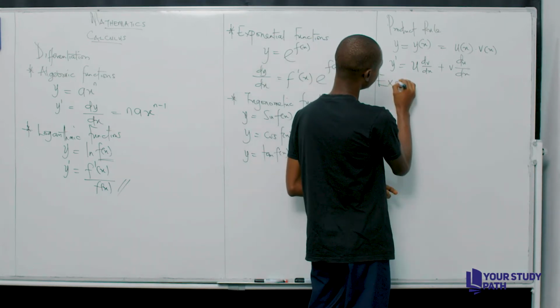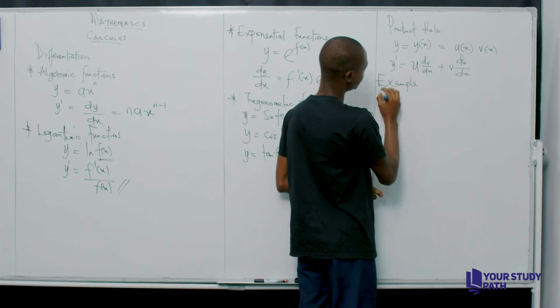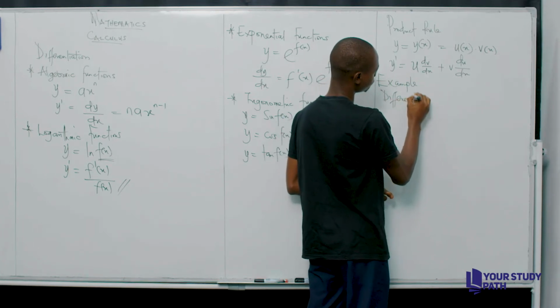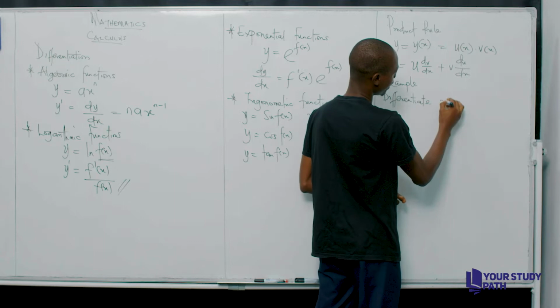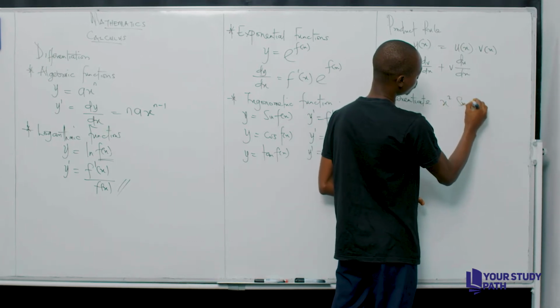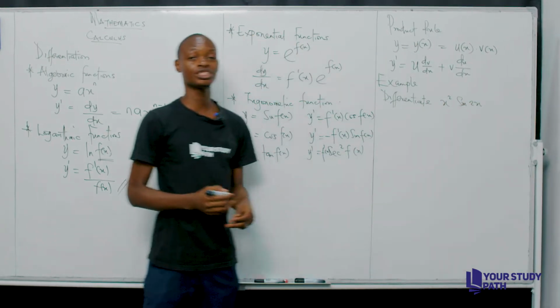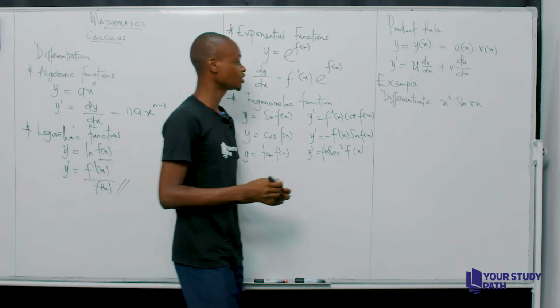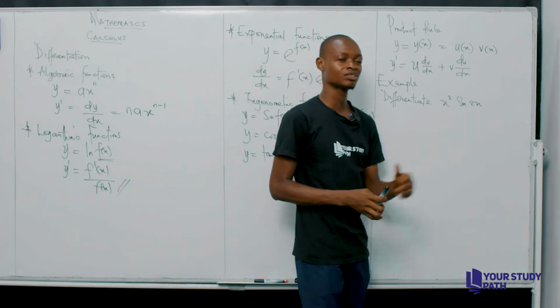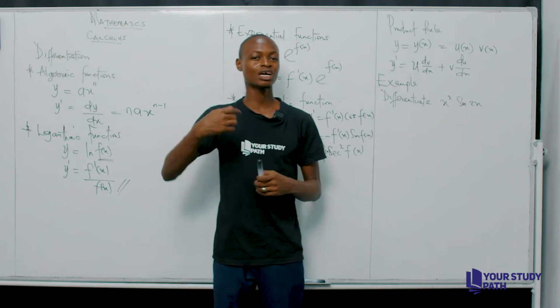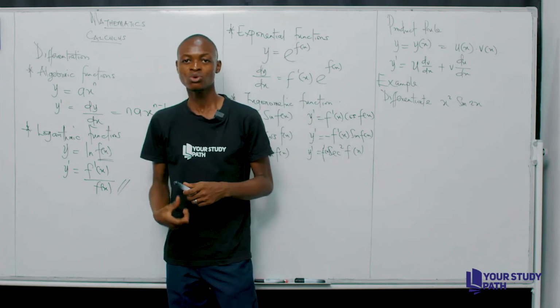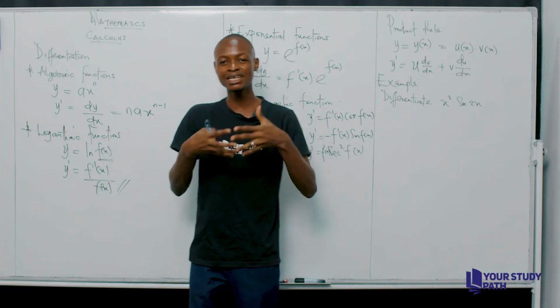Now let's see how it works in practice. Example, let us quickly differentiate x squared sine 2x. Let us differentiate this quickly. Now you see that you have two distinct functions. We are not talking about the function of functions, which is a function that is embedded in another function.